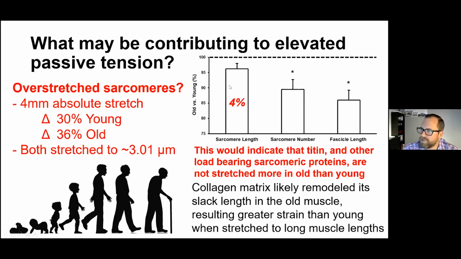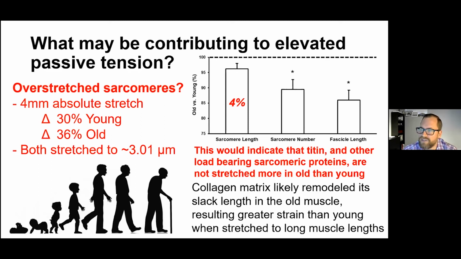However, this 4% reduction in sarcomere length is coming back into the picture now because this seemed to have buffered any relative difference in the fascicle excursion. So at the end of stretch, at the end of that 4 millimeters of stretch, sarcomeres from both young and old were stretched to approximately 3.01 microns.